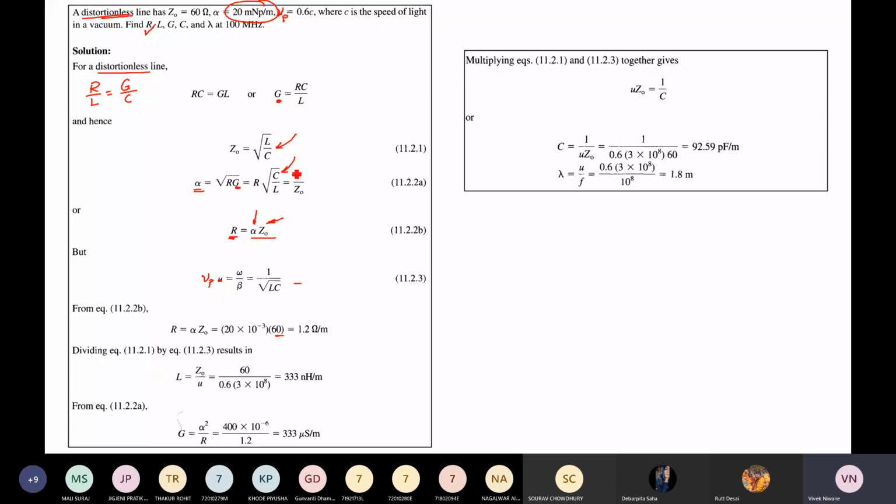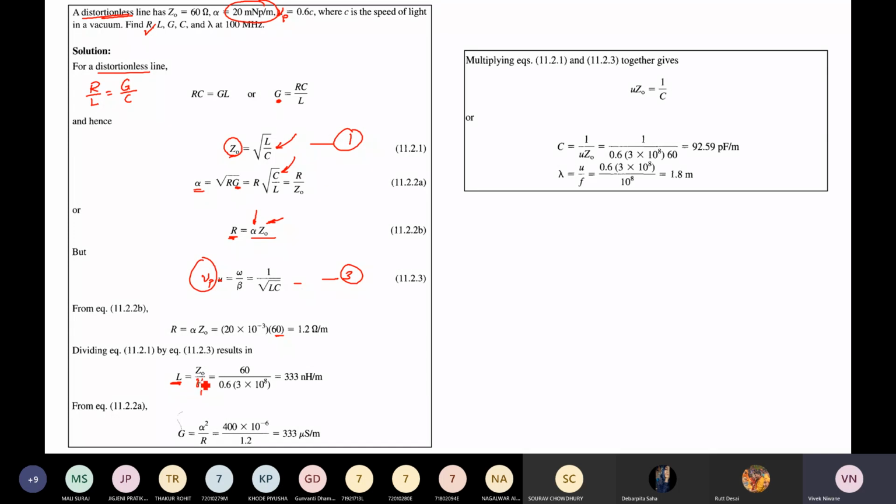Dividing equation number 1 by equation number 3, we will have Z0 upon Vp. So we do have this resultant as L, because these root terms cancel and L comes out outside the square root.